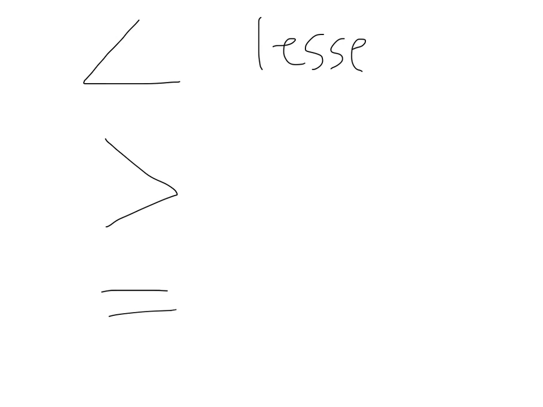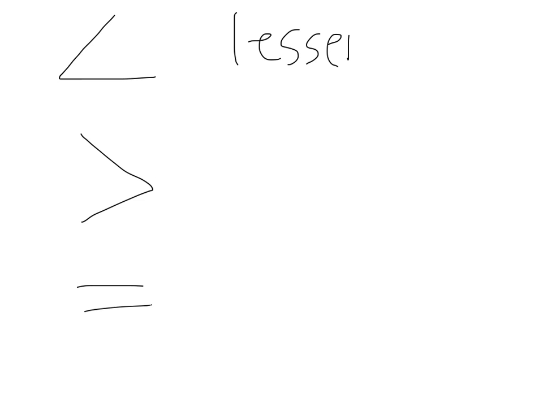Now we need to talk about some symbols that we use in mathematics. We have this symbol, and this symbol. The first symbol says less than, my mistake. Less than. We have greater than.